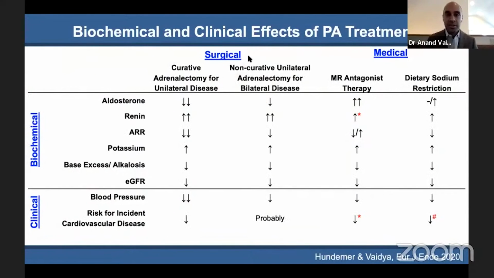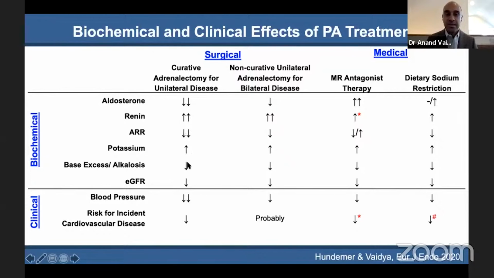This is just a table that shows that surgical approaches, whether it's curative unilateral adrenalectomy, or even non-curative unilateral adrenalectomy in bilateral disease, lower aldosterone, raise renin, and decrease the aldosterone to renin ratio.